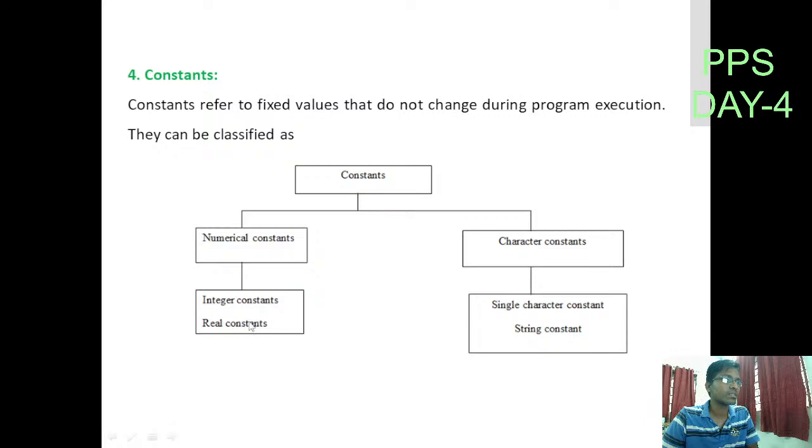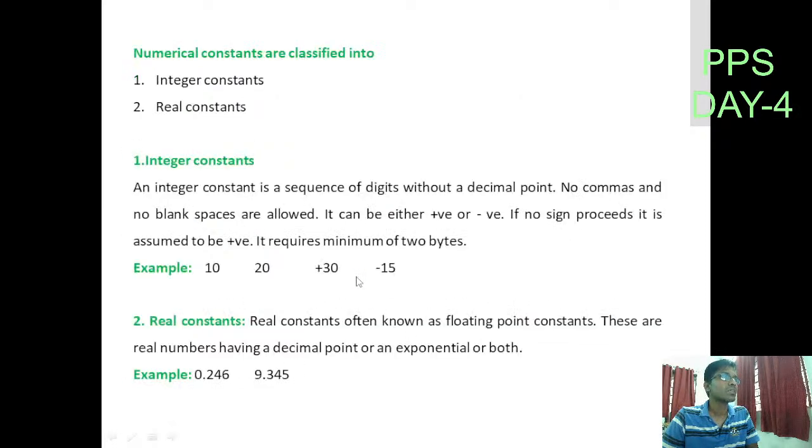That is called a real constant. Character constants can be classified into two types: single character constants and string constants. A single character constant is written with characters in single quotes, whereas string constants are written in double quotes. That is the only difference here. So let us see them individually.